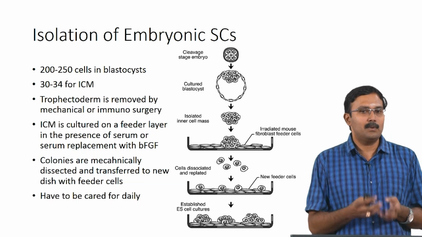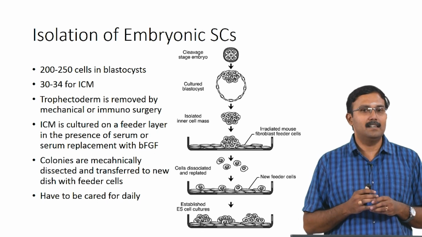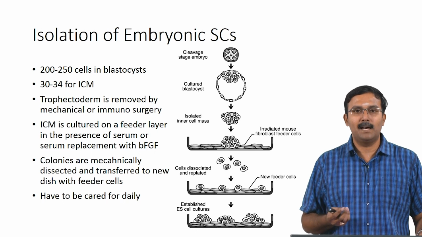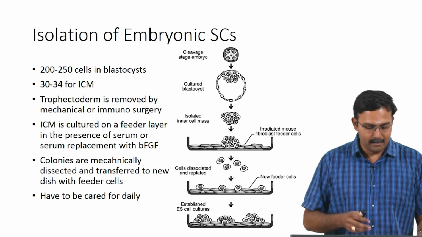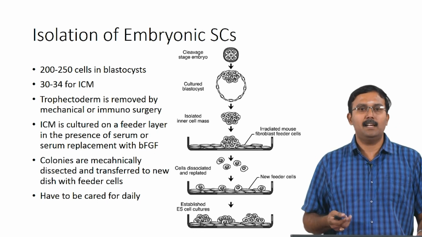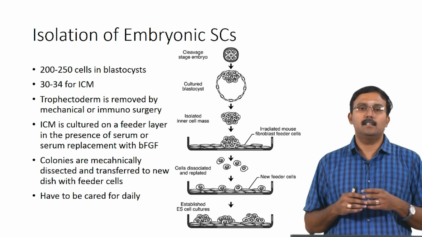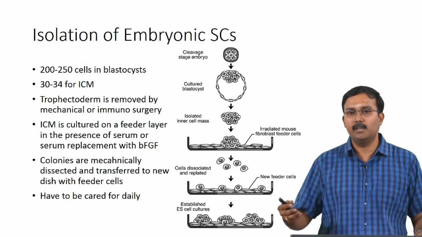There are only about 200 to 250 cells in the blastocyst, and 30 to 34 of them are the inner cell mass. The outer layer is removed either through mechanical surgery or through immunosurgery, and after that you take the inner cell mass and culture it on a feeder layer, and the colonies are mechanically dissected and transferred to new dishes.